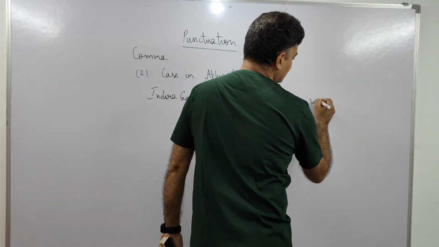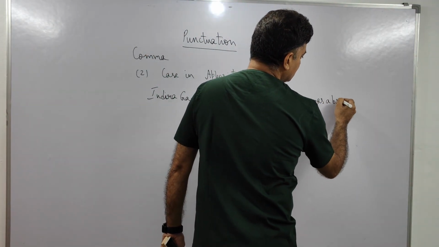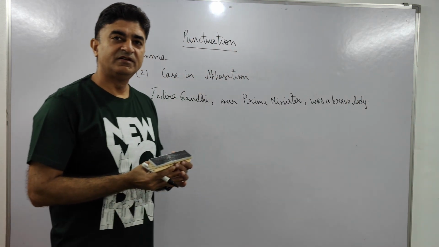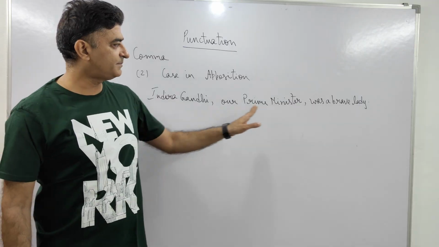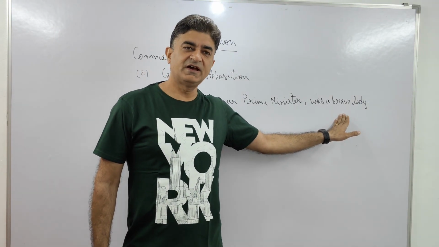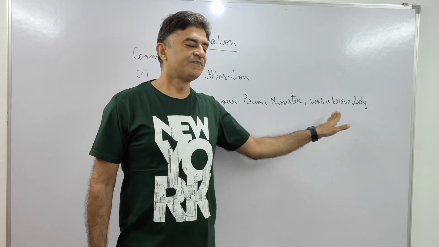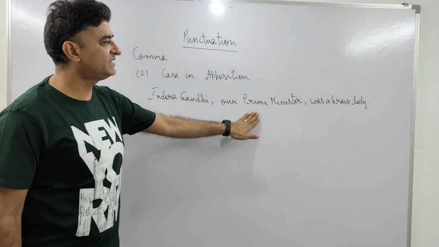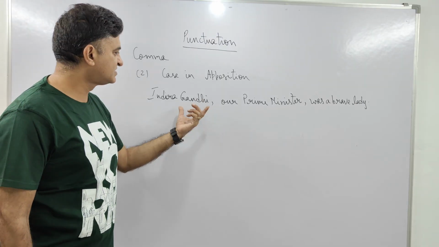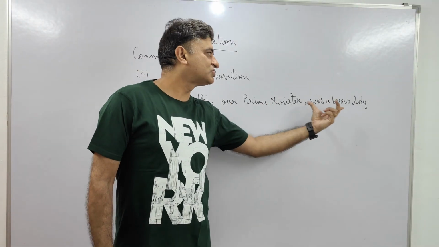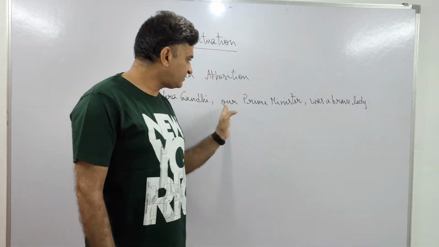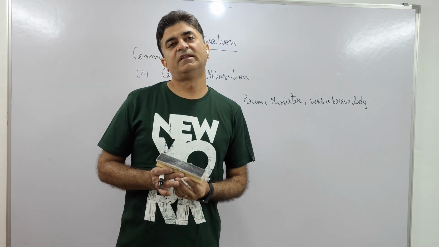Then we are saying something about her. Was a brave lady. We told these things. What was Indira Gandhi? A Prime Minister and a brave lady. So when we are mentioning things in this way, then it is supposed to be case in apposition. Then what happens? Case in apposition means many pieces of information are given together about a subject. So as many times as information comes, we will keep putting a comma.